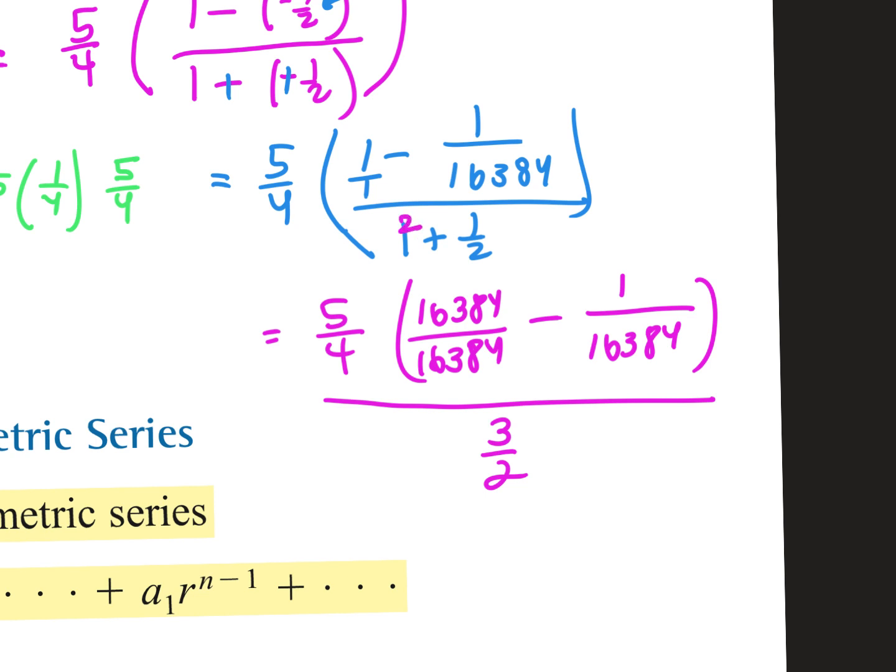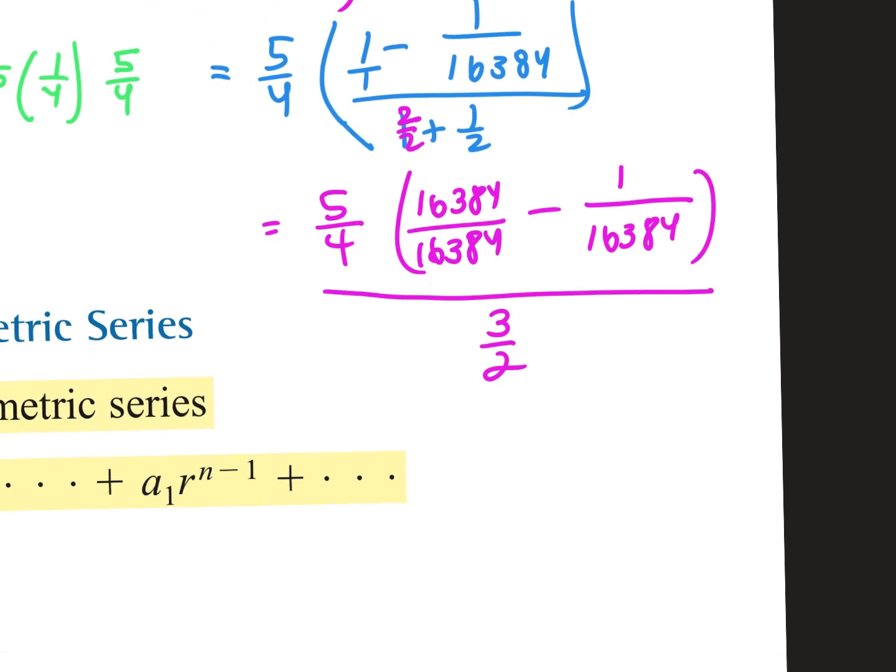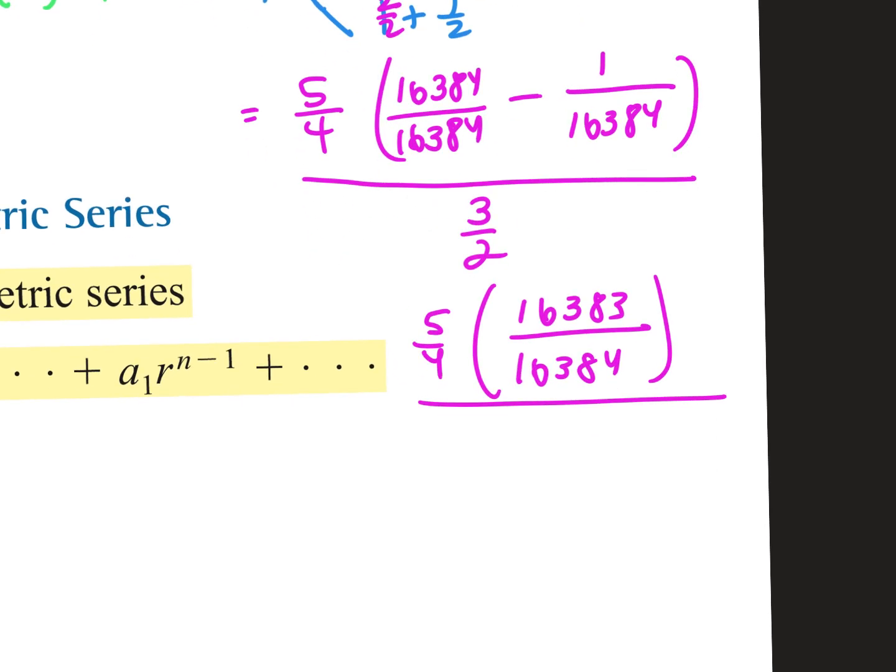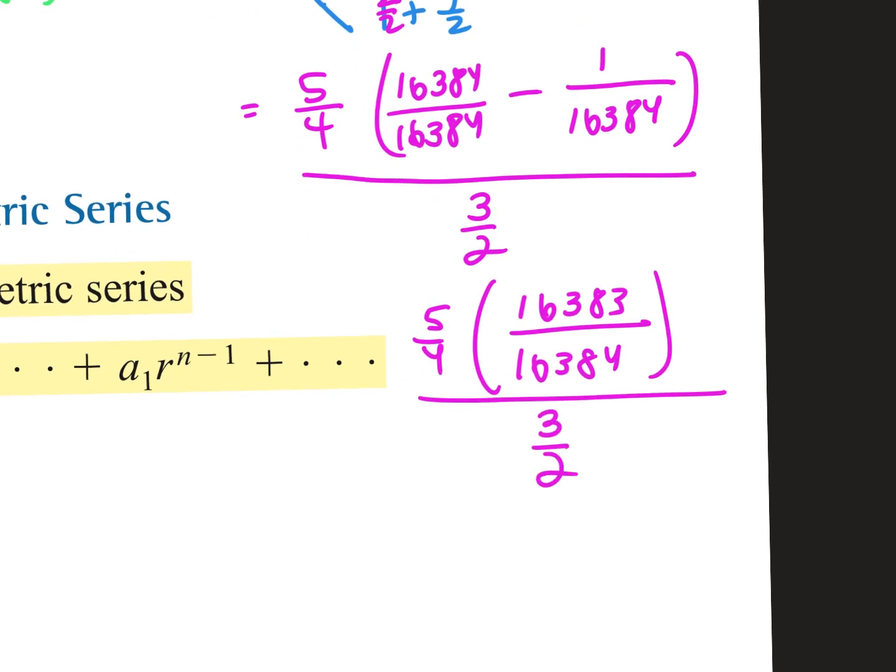I can change this to 2 over 2. Okay, so let's keep simplifying. I have 5/4 times, what's 16,384 minus 1? 16,383, good, over 16,384, perfect, divided by 3 over 2. Hang on.